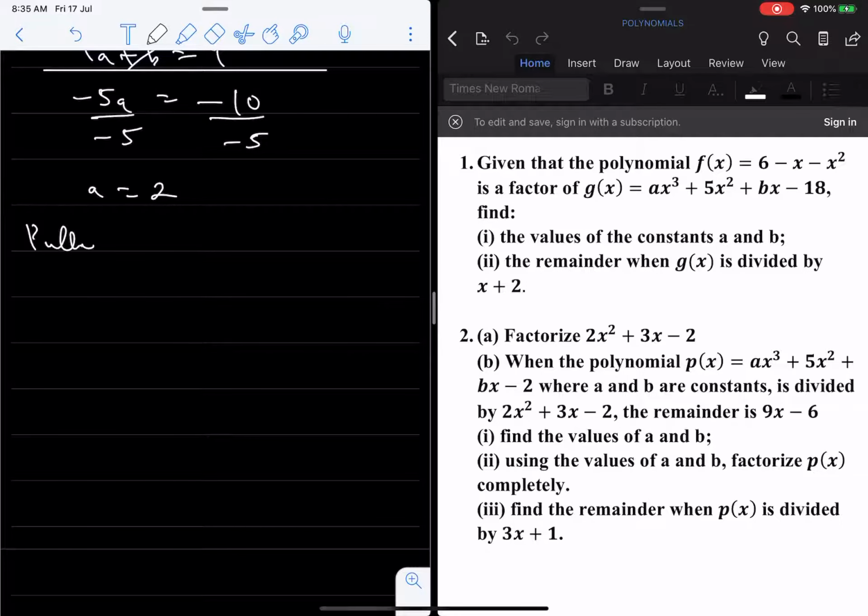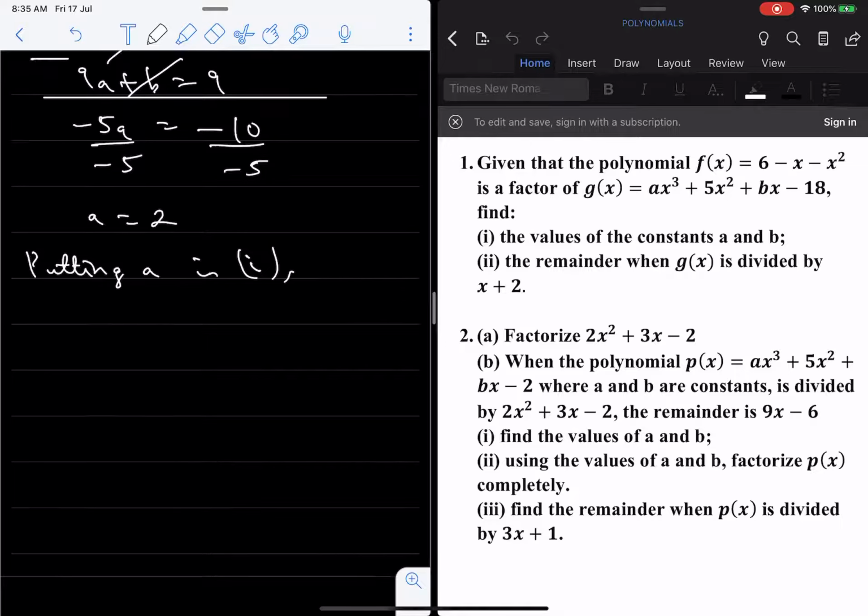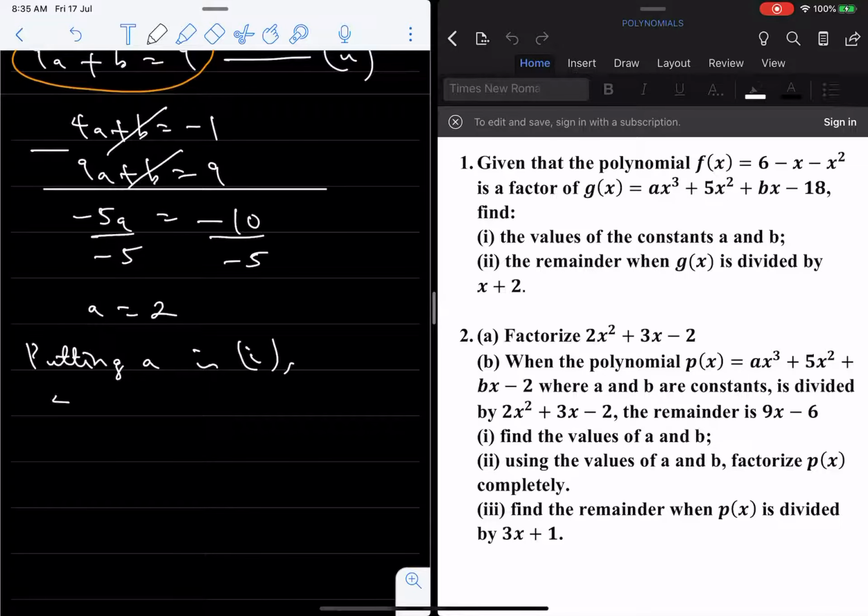Now, I want to put a in equation 1. Putting a in 1, 4 times a, which is the same as 4 times 2, plus b equals minus 1.